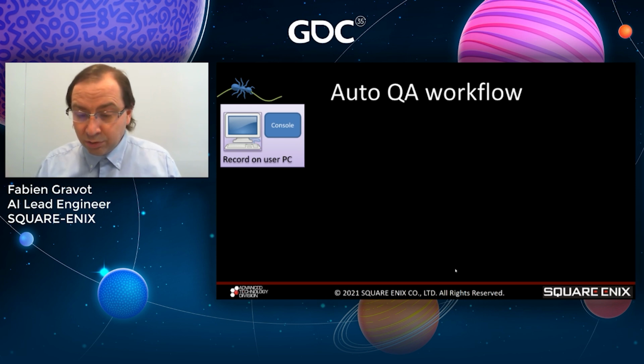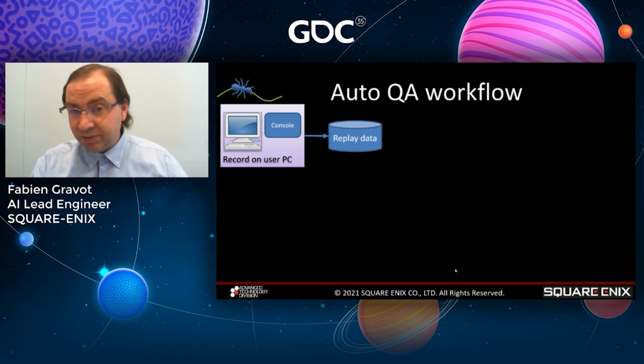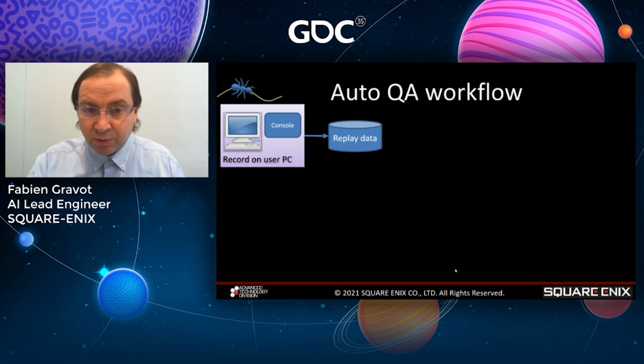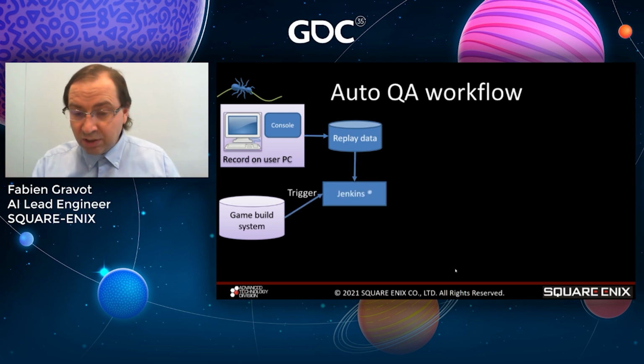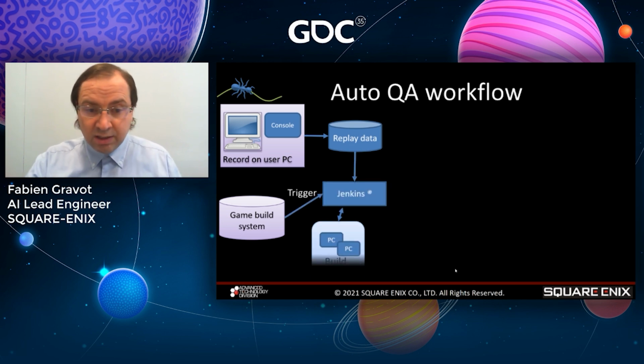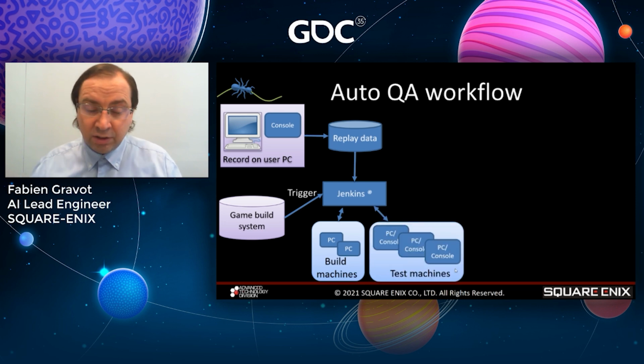Now let's go to the workflow. You will have someone that will try to record a replay, like you have seen, that will give a database of replay data. We will have the game build system, or Jenkins, that will ask a set of build machines to build the corresponding executable and ask a set of test machines or consoles to test the game.